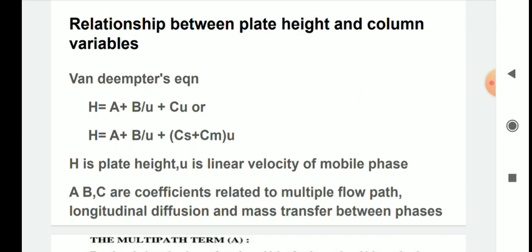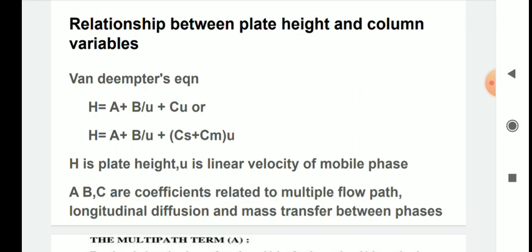You have to create conditions so that A, B and C are very low, or the terms B by U, Cu, and A are low. Why? Because if these terms are low, H will be low, and if H is low, your plate number will be higher because plate number is L by H. Since H is in the denominator, if H is small, plate number will be higher.